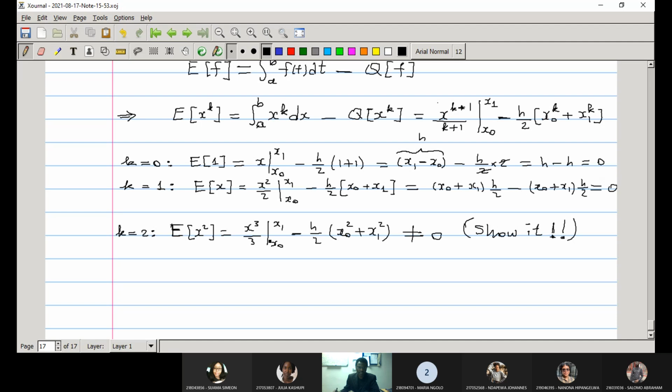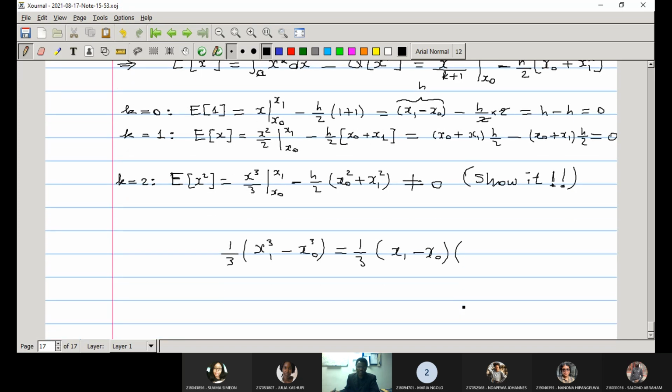Expand this and factor, because when you expand, you will get this. Obviously, you have that factor here. And you can write this as x1 minus x0, like this. Factor of this difference, and this already gives you h.